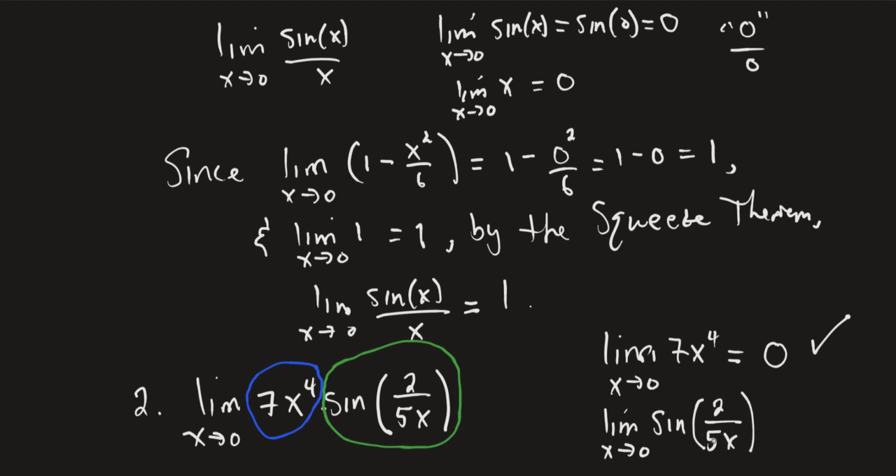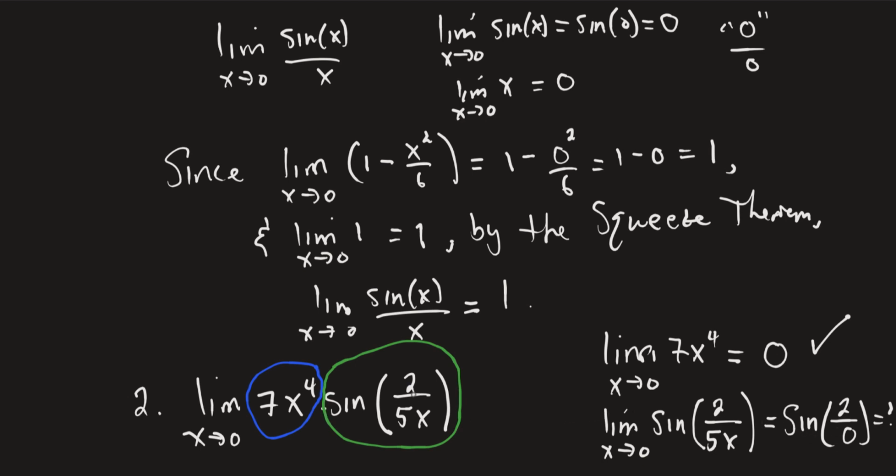Well, if I plug 0 in there, I'm dividing by 0, so I have essentially something that's undefined, right? So essentially this is the sine of 2 over 0, and what on earth is that? So this factor doesn't have a limit, right?